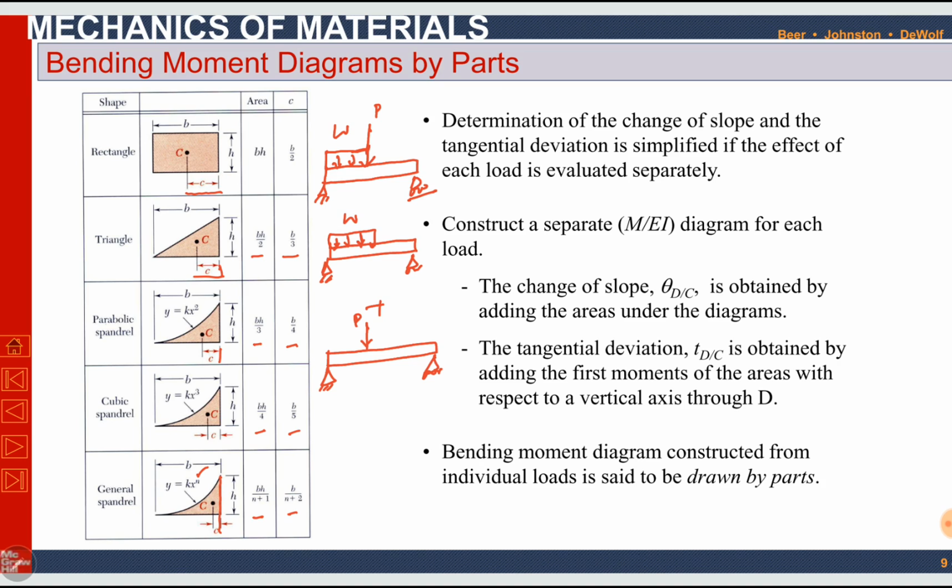Then we can draw a moment diagram and an M over EI diagram for this beam, and then for this beam separately. Their areas will be simple, in the form of triangles or rectangles, and then we can add up those areas. So this method is called bending moment diagram by parts. We can use this simple method, it will be better.